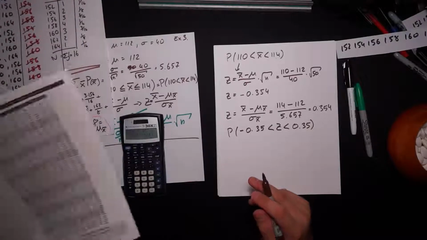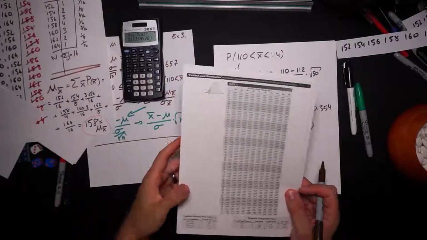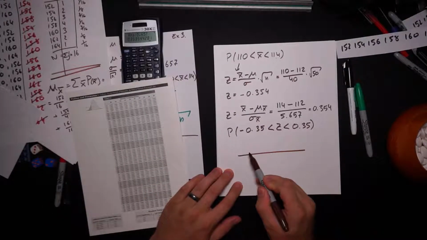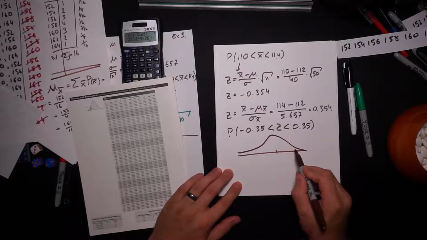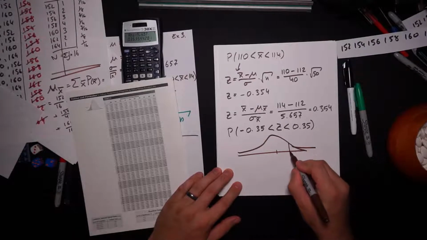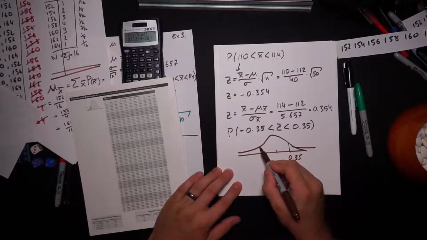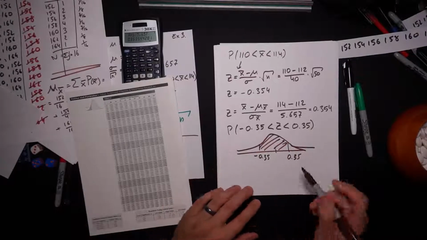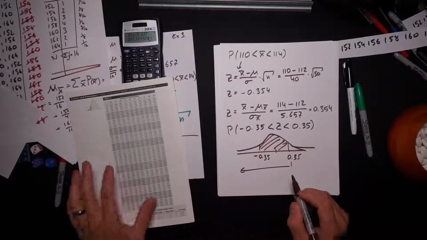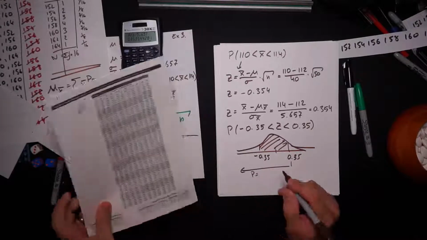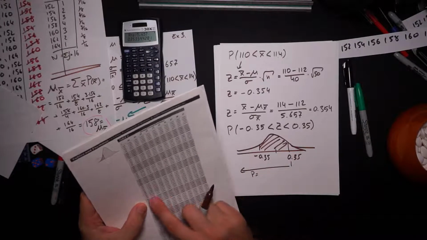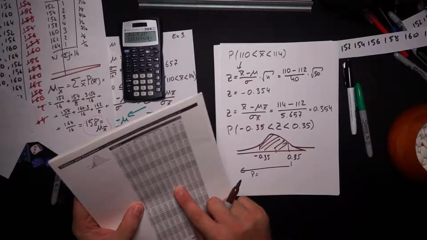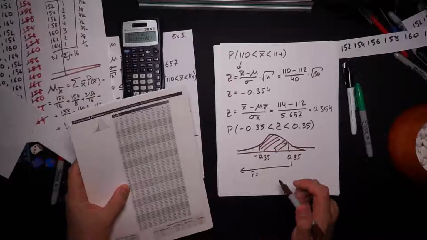I'm going to get my trusty table, and if you don't know how to use your trusty table, look at the previous video. And what I'm going to do is, this is 0.35, this is negative 0.35, and I'm looking for this, so I'm going to look up this probability first, and this probability equals 0.6368.